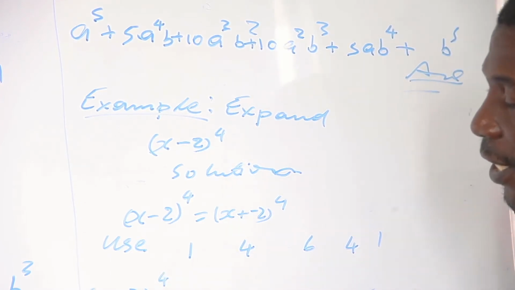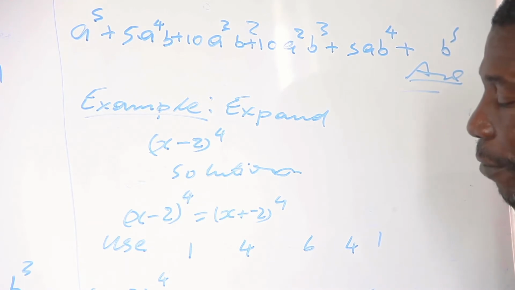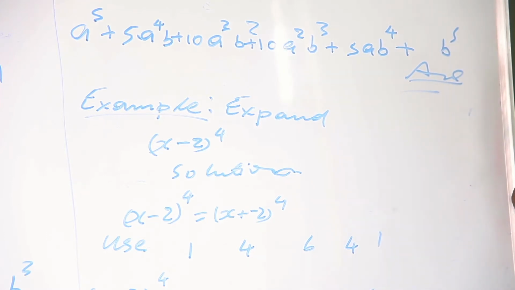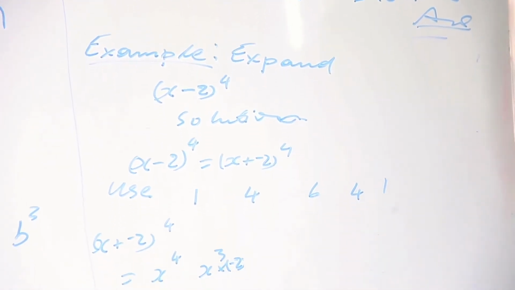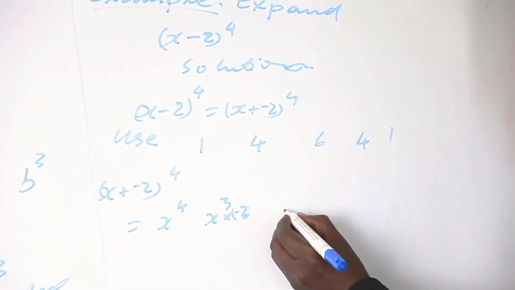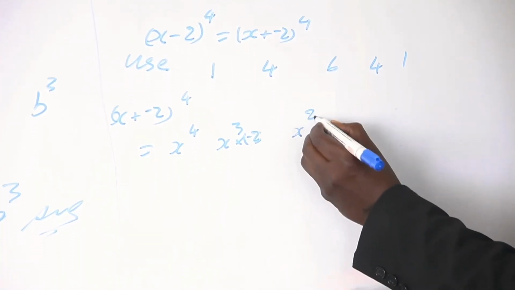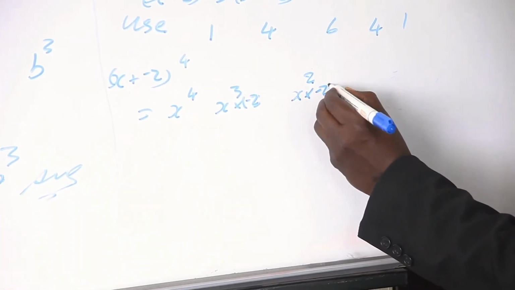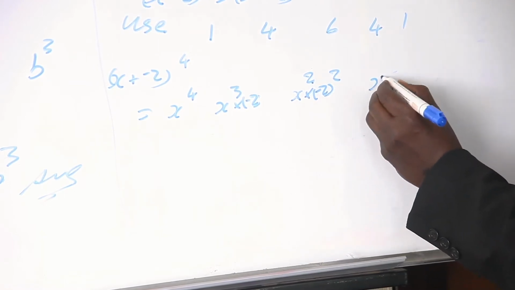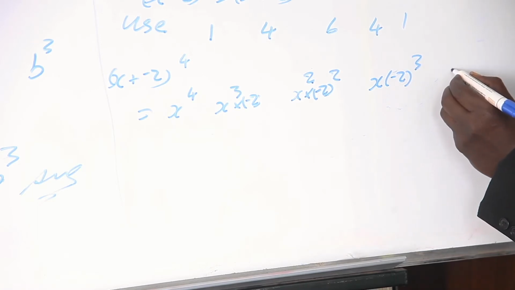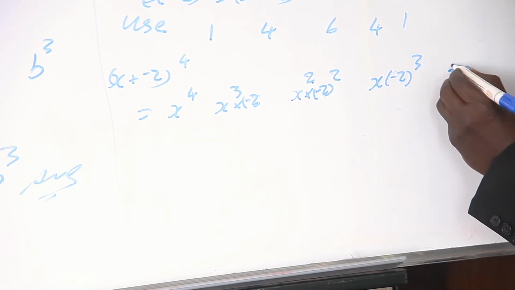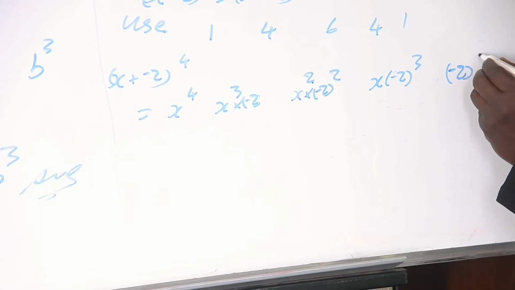I write, this is x power 4, this is x power 3 times negative 2, plus x power 2 times negative 2 squared, then x power 1 into negative 2 power 3. Then this is negative 2 power 4.